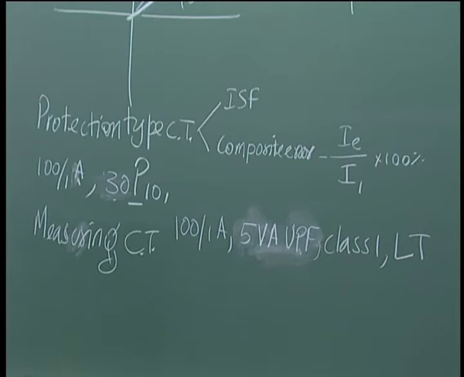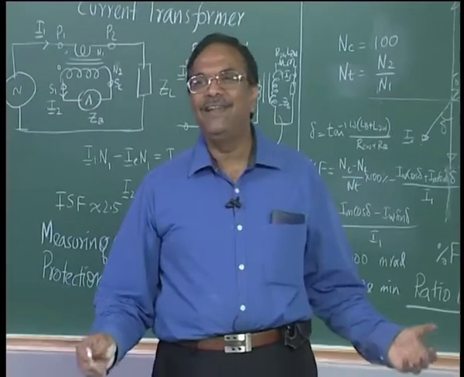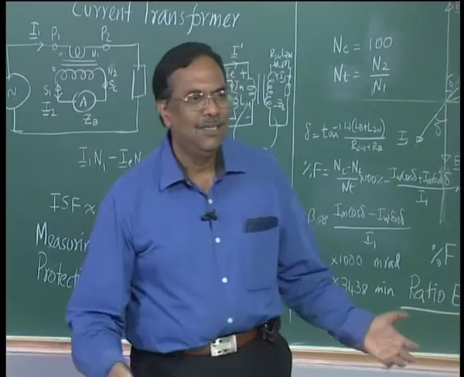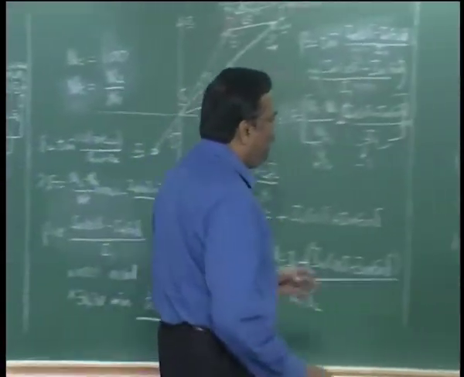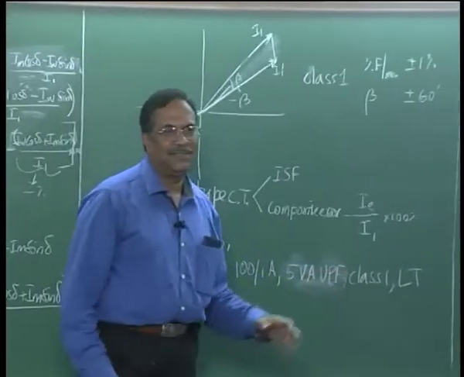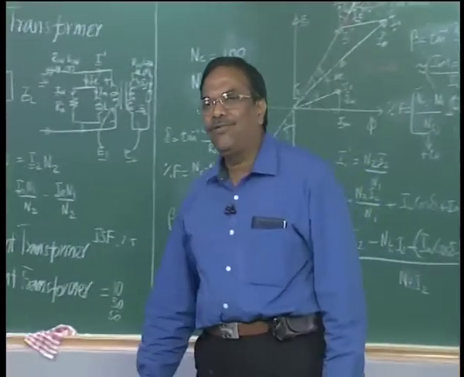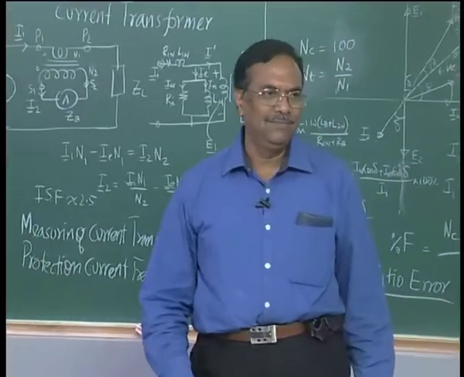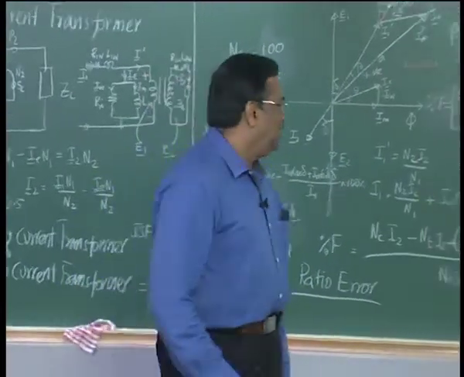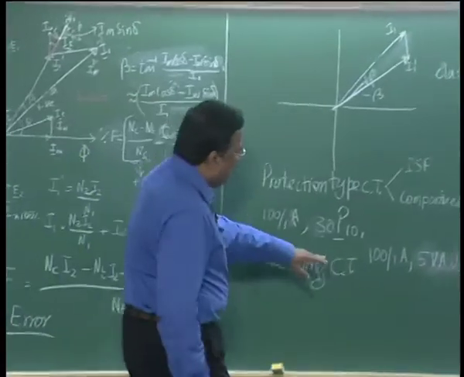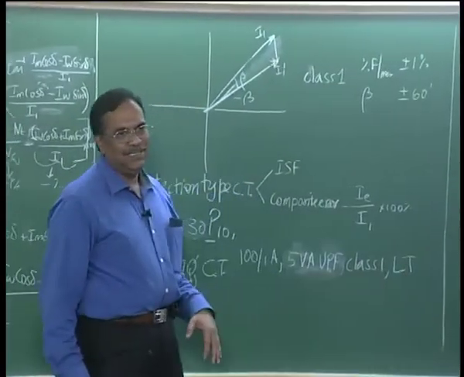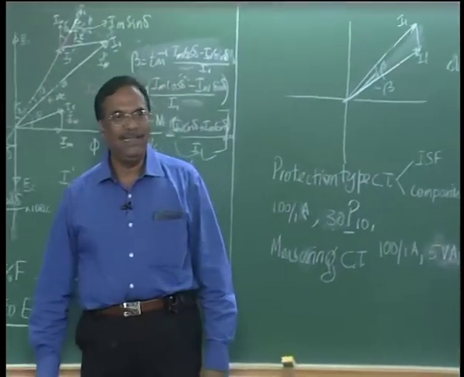What does it mean? What does unity power factor mean? My burden is resistive, right. So it could be that I have 5 VA 0.8 power factor, right, and when I say 0.8 power factor, I also have to say lag or lead, right. So that would be typical complete specifications of an LTCT.